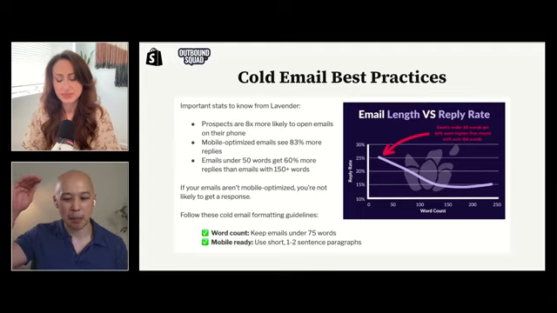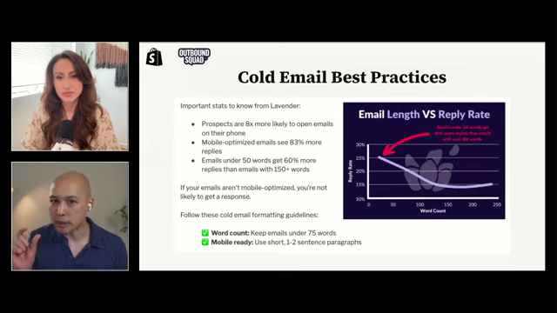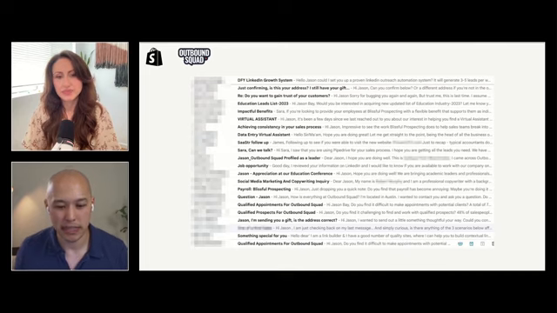So that means paragraph style formatting. One sentence per paragraph is ideal. And ideally, a word count somewhere between 50 and 80 words. We want to be in that range. Under 75 is ideal. 1 to 2 sentence paragraphs.